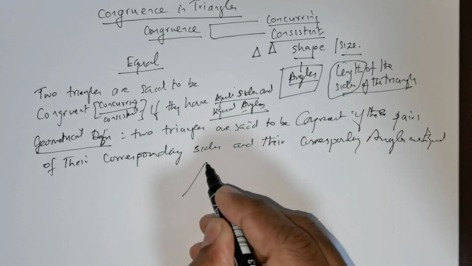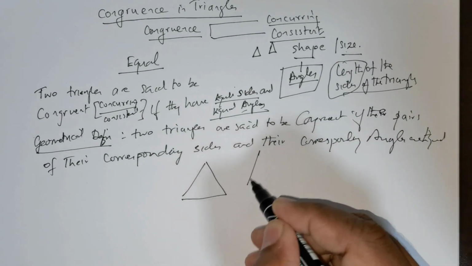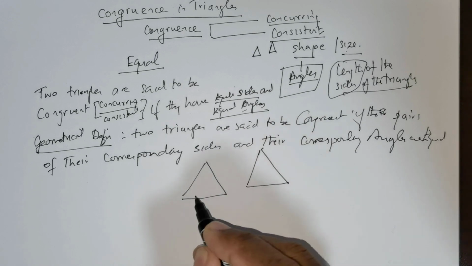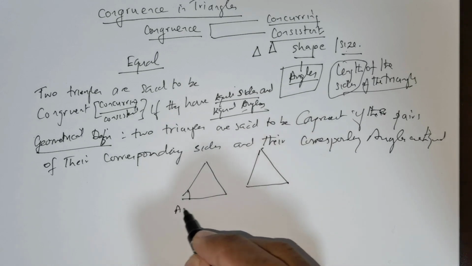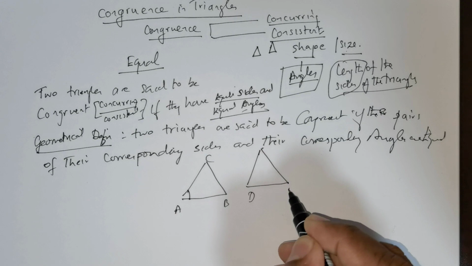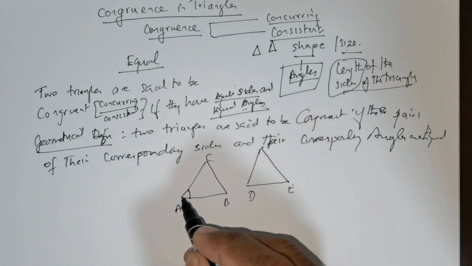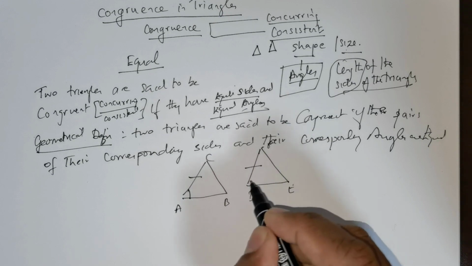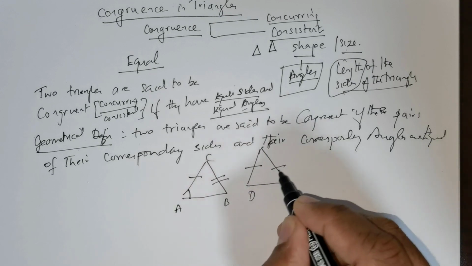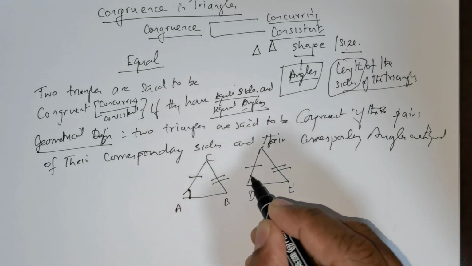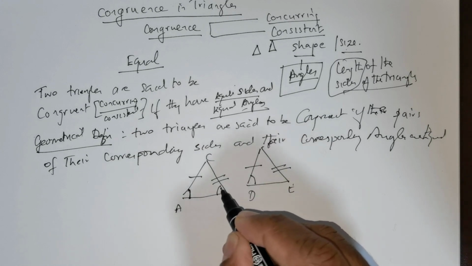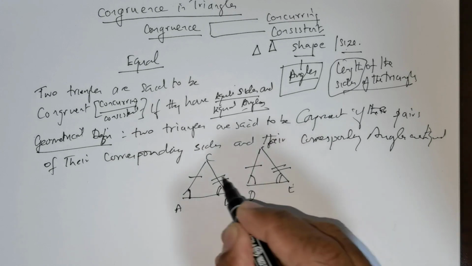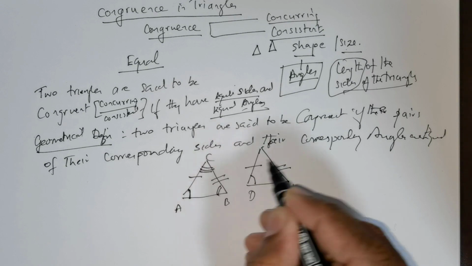So you have a triangle like this, and then you got another triangle like this. Say this is A, B, C, D, E, F. If I were to compare, I have to compare this side with this side, this side with this side, this angle with this angle, this angle with this angle, and this angle with this angle.